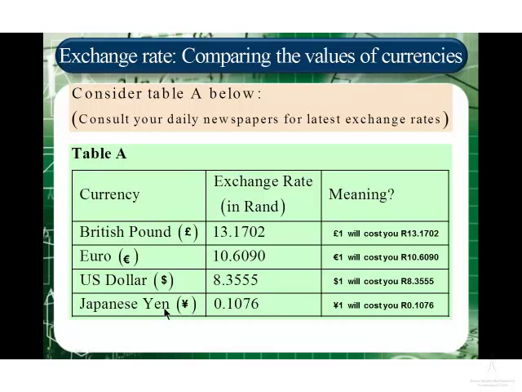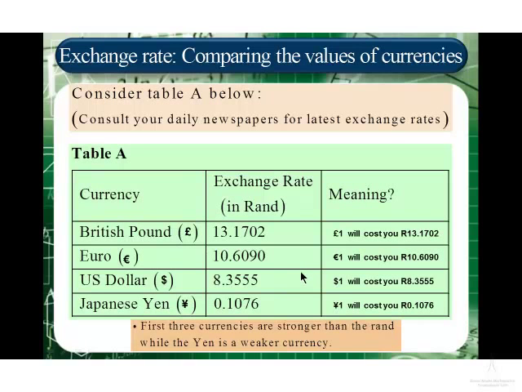Now, it is clear from this table that one can compare the strength of the currencies in pairs. If we fix the rand in the one case and the other currencies as listed in the table, we can see that the first 3 currencies are stronger than the rand. They have more value.